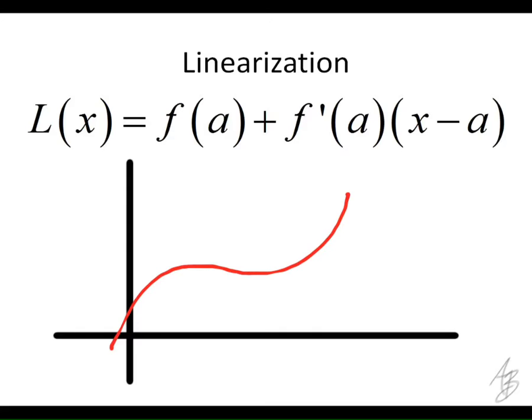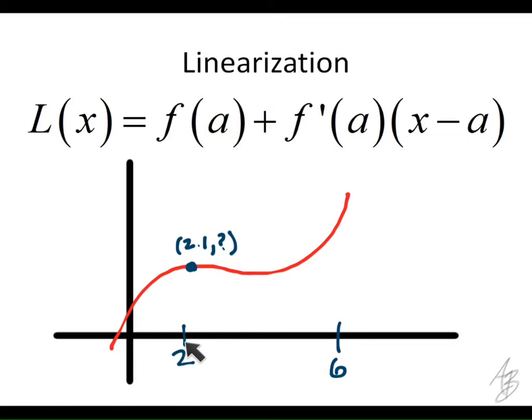Now, one thing we need to understand is if I want to know what the value of this function is at some point, let's say this is 2 on the x-axis, so maybe at like 2.1. Rather than plugging 2.1 into some big complicated function, I might be able to use a line to approximate it close to 2. I wouldn't want to use a point out here at like 6 to approximate the value of the function at 2.1. Why not?